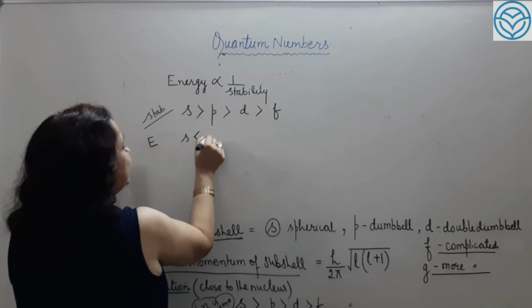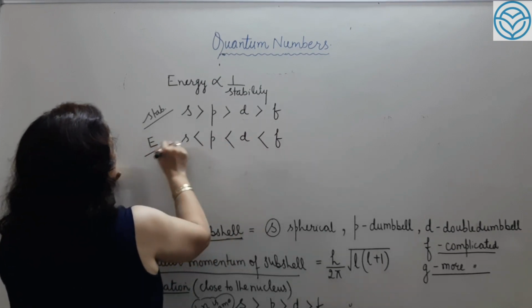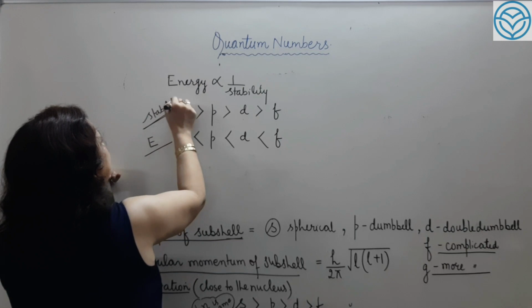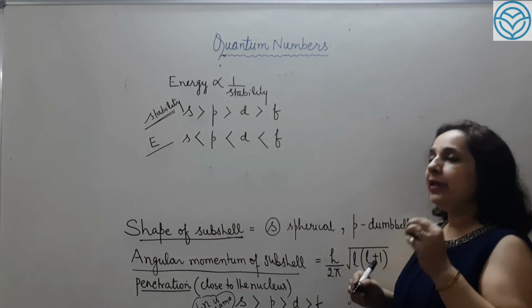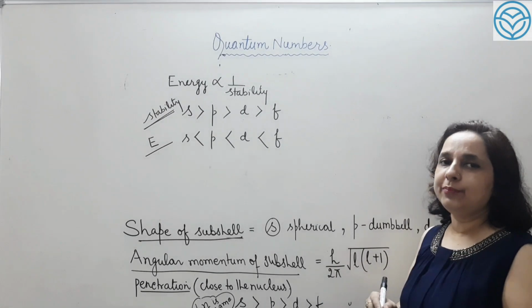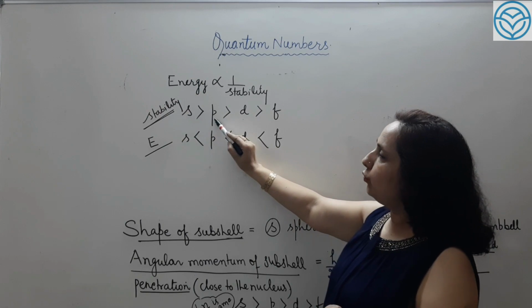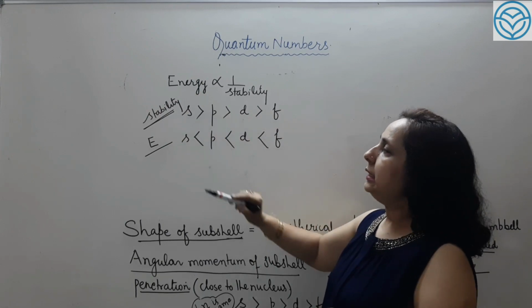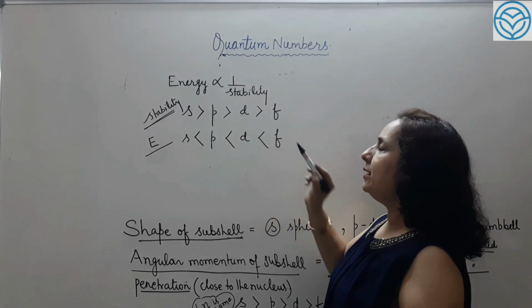S has low energy, then P, then D, then F. The energy and stability can be compared. We can compare the energy of an electron in a subshell, and the stability of an electron in a subshell. It means an electron is more stable in 4s as compared to 4p, then 4d, then 4f. And an electron has the least energy in 4s, then 4p, then 4d, then 4f.